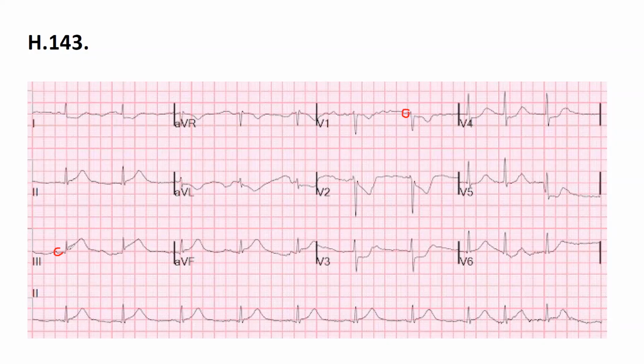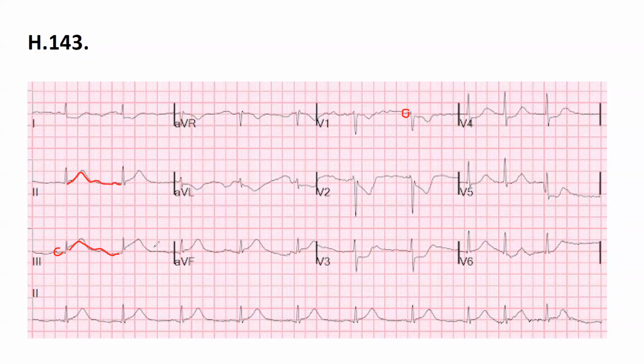Heart axis. Lead 1 is positive. AVF is positive. So we have a normal physiological heart axis. The PR interval, because the P waves are very small, it's difficult to tell, but it's pretty normal. Pathological Q waves.